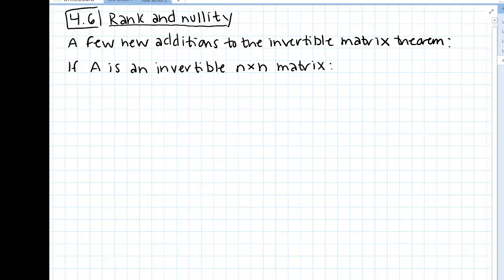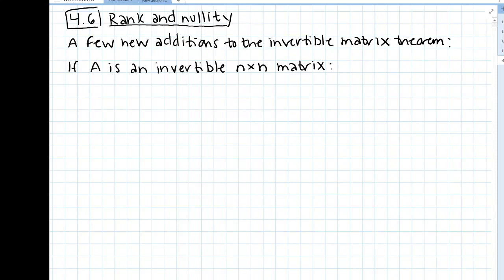I'm just going to add the new ones. One part of the invertible matrix theorem that we already have is that AX equals 0 has only the trivial solution, right? That's one of the things on our list.